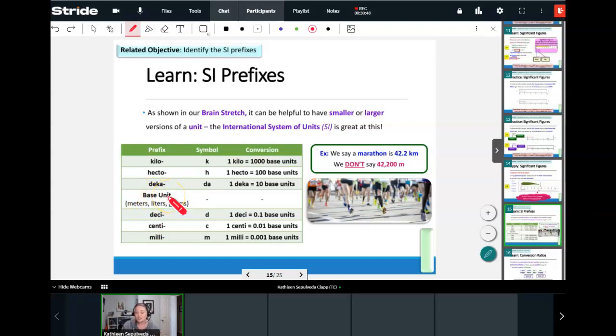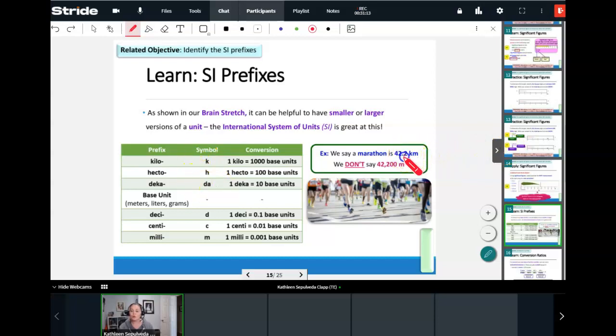Now, what's nice is, just like I told you before, that they are based off of a base 10. Super easy. So if I have meters, I can go up to 1 decameter is 10 base. Okay? A hecto is 100 and kilo is 1,000. So if I have a 4.2 kilometer, all I have to do is move my decimal place 3 times.